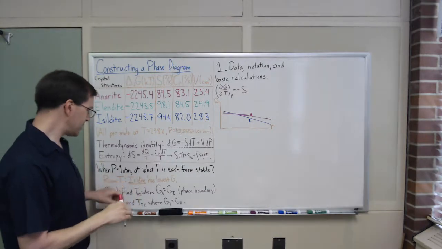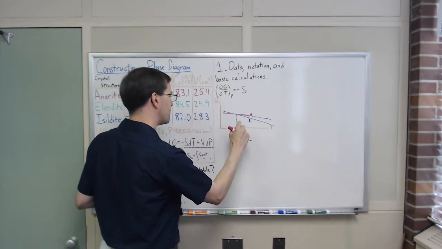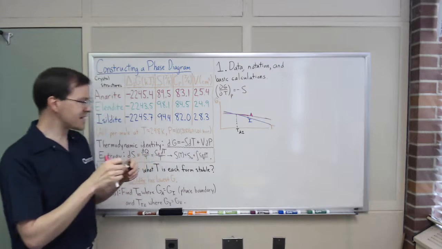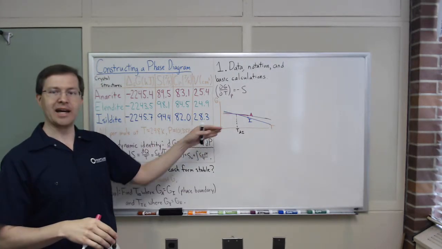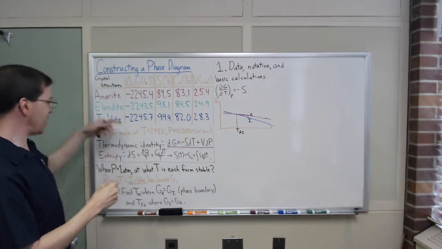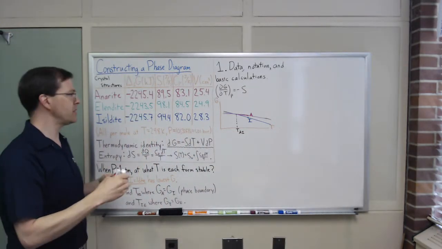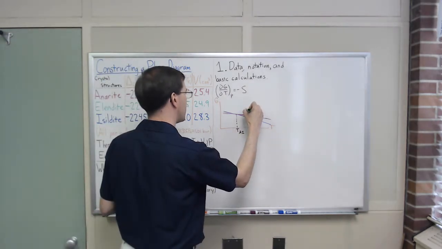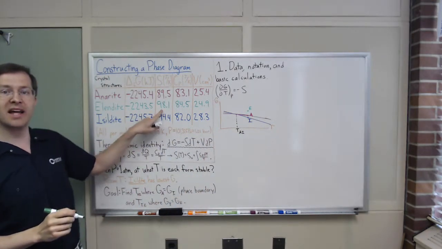And you can see then that there is a point somewhere here that we'll call temperature, Anarite Isoldite. And that's the temperature where Anarite's Gibbs free energy is now lower than Isoldite's. That's the transition temperature between the two. And we could do the same thing for Ellendite. Ellendite has an even higher Gibbs free energy at standard temperature and pressure, so Ellendite might be up here, but it also has the highest entropy of any of them.